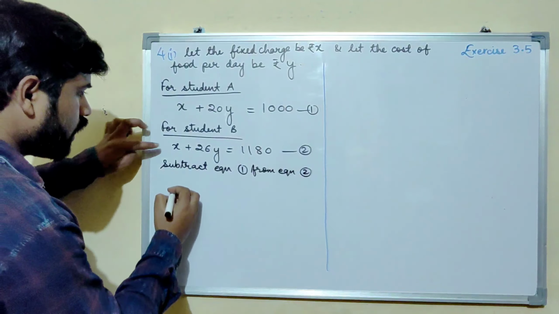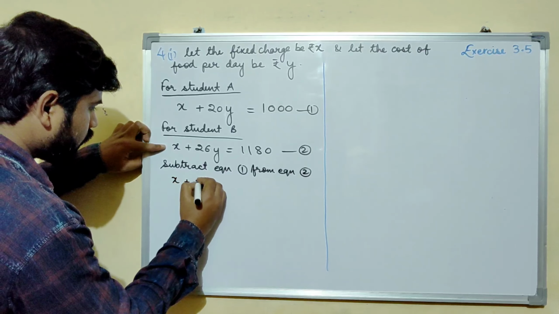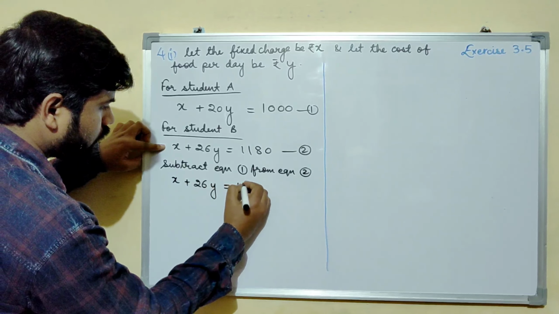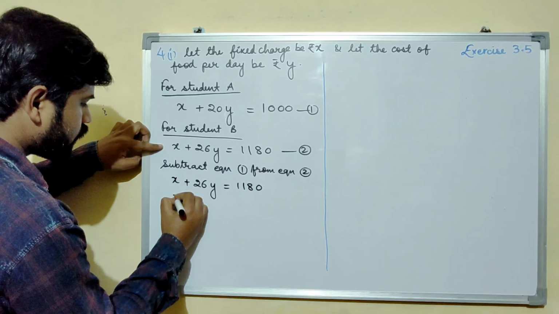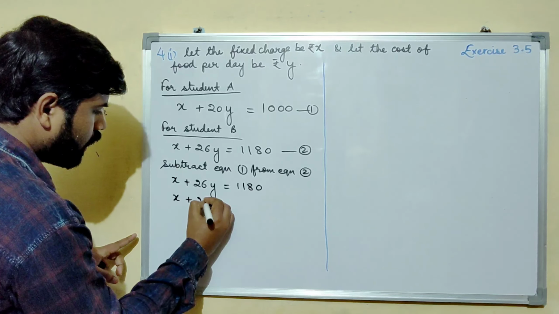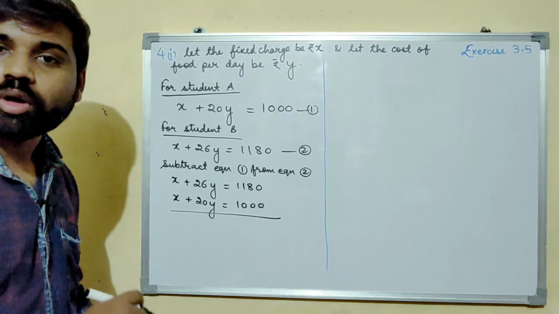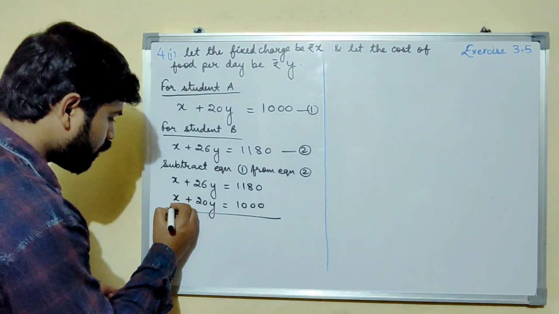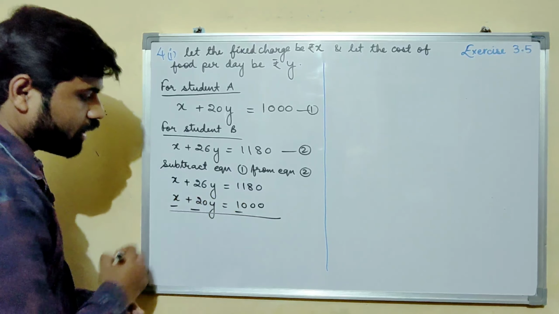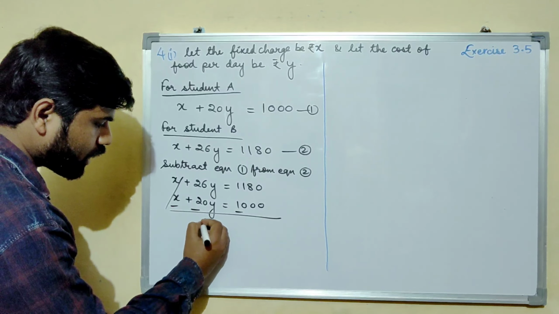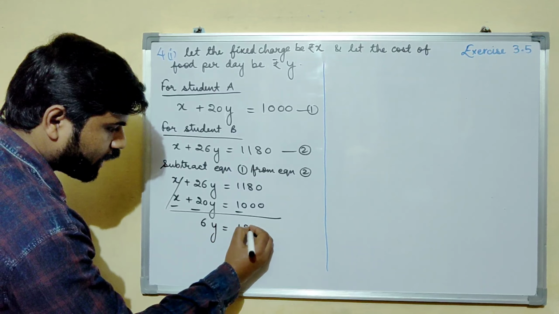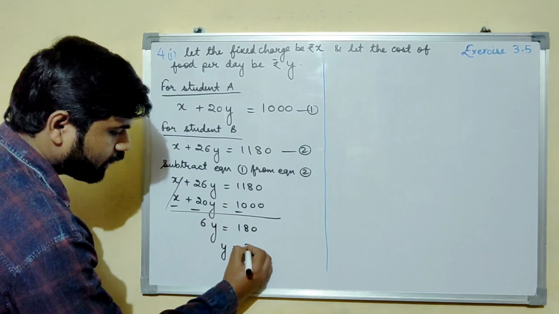The second equation is x plus 26y equals to 1180, and the first equation is x plus 20y equals to 1000. Now since we are subtracting, you have to change the sign. So minus x, minus x, this will be cancelled. You will get 6y equals to 180 or y equals to 30.